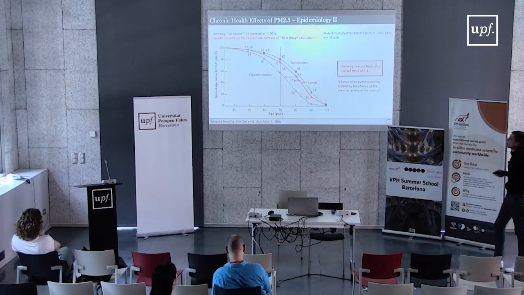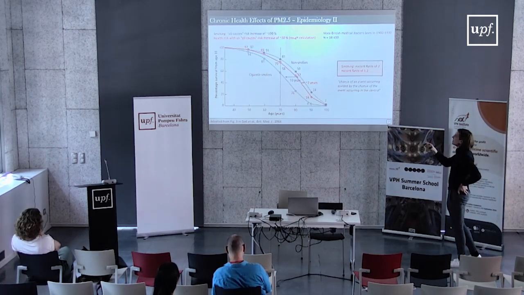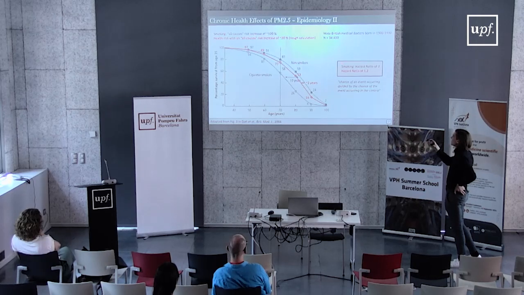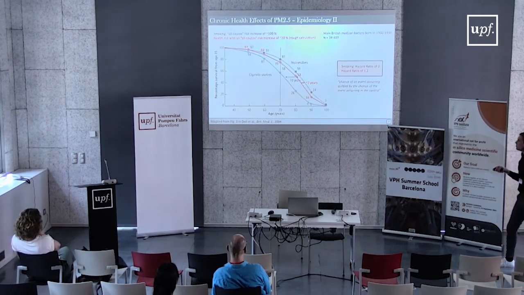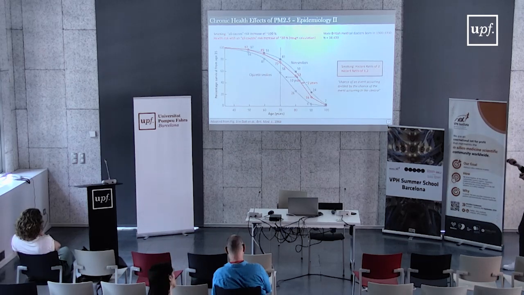So let's now compare this to air pollution, the number I gave you on the last slide. We said maybe it's an all-cause risk increase of 20%, or a hazard ratio of 1.2. So just to give you an idea of what it would mean if you could switch off air pollution in your city for your entire life, especially when you look here at the end, the numbers actually get quite staggering.